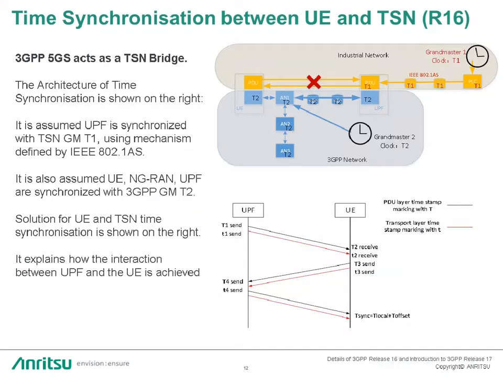For example, here the entity is UPF, from UPF to the UE, and then when it comes back, the synchronization time is calculated based on the offset in the local time. So it's a flow of messages with time stamping on these messages, and then eventually the synchronization is achieved by knowing the difference in time in receiving the message.